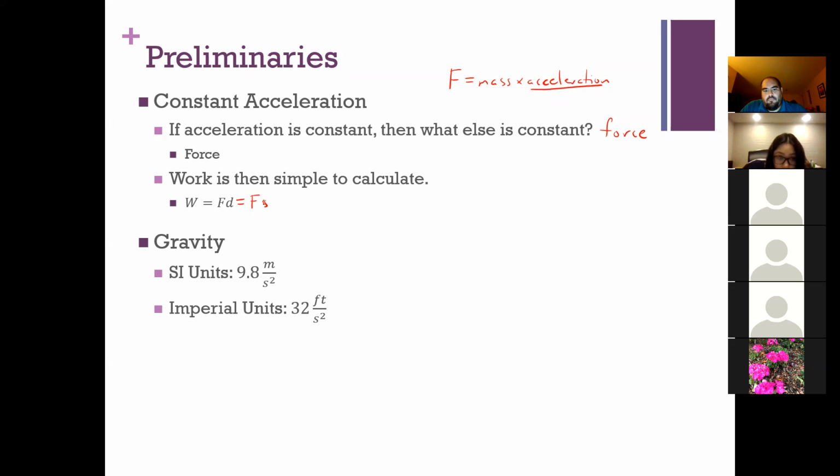Wait, exactly 32? It's not exact, but it's close enough that it's pretty much always expressed as 32. Every once in a while, you'll see the acceleration of gravity as 9.81 meters per second squared. It's really all a matter of how accurate you need to be.